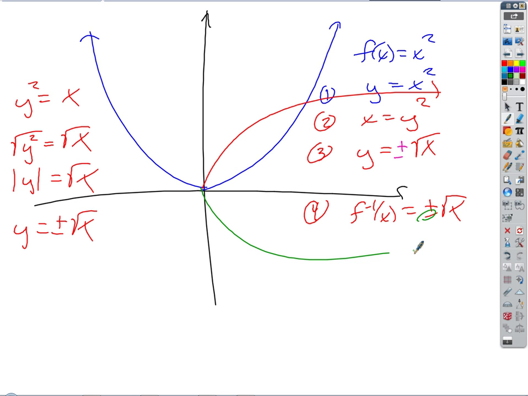If I take just the red piece or just the green piece, they're fine individually, right? But together they violate the vertical line test. Okay? So think about this then. If I want to think of the blue function as having an inverse function, I would have to go back and trim it a little bit. Which part of the blue function goes with the red inverse function?